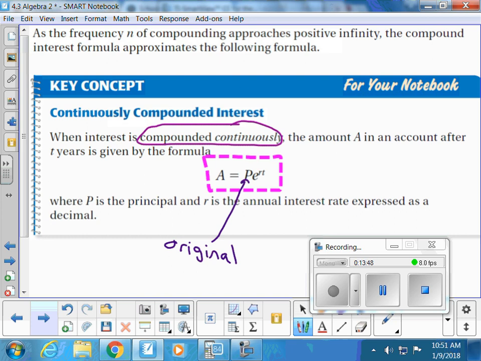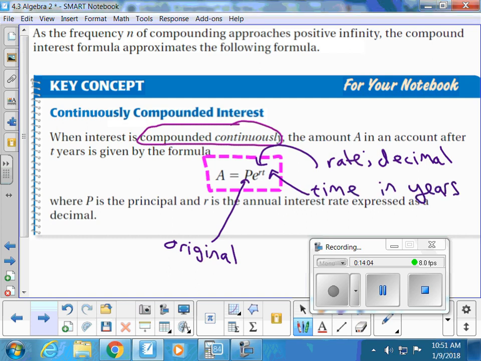You don't put anything in for E, you use the button. R is your rate. Keep in mind you still have to do it as a decimal. And then T is time in years, just like last week. So whenever you see that keyword continuously, you'll use this different formula.